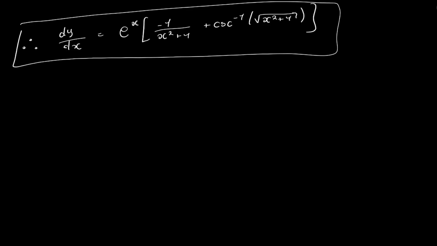So that's it. A very advanced derivative combining exponential, product rule, and inverse cosecant. This is a great example of how all the differentiation tools come together. In the next video, we'll try a different type of heavy problem with implicit differentiation involving all the different functions we've had to study. So see you in the next video. Thank you and bye.